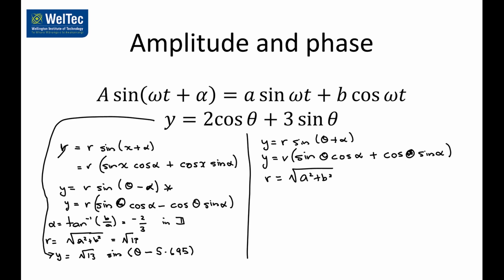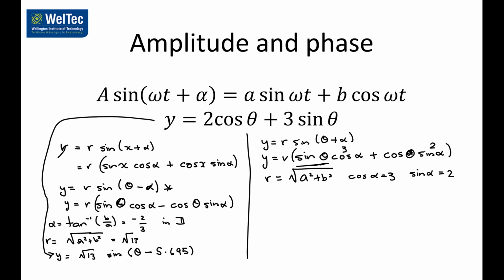Now, just making the comparison, forgetting about the r for the moment, we've got sine theta here. What's the number that's multiplied by sine theta? It must be 3. So cos alpha must be 3. And similarly, the number that is multiplied by cos theta is 2, so sine alpha is equal to 2.